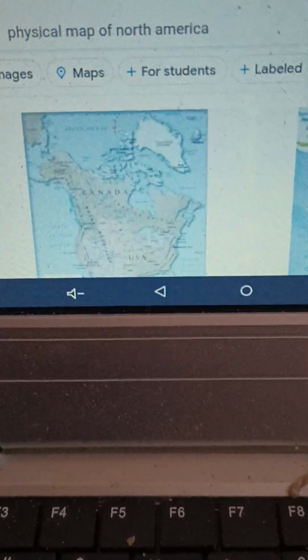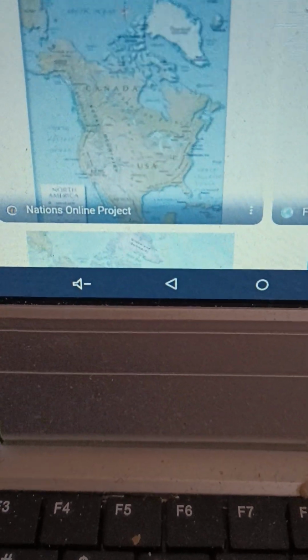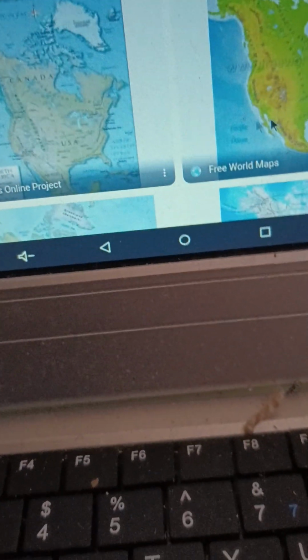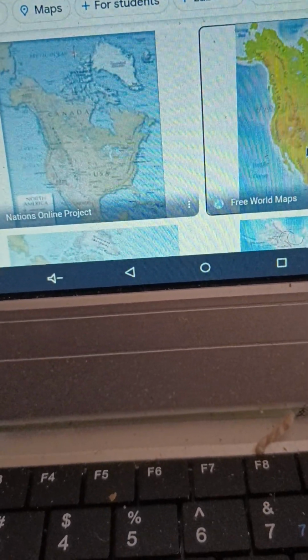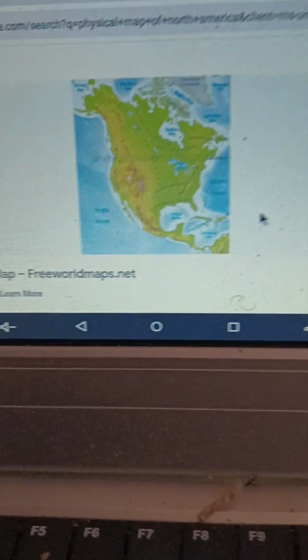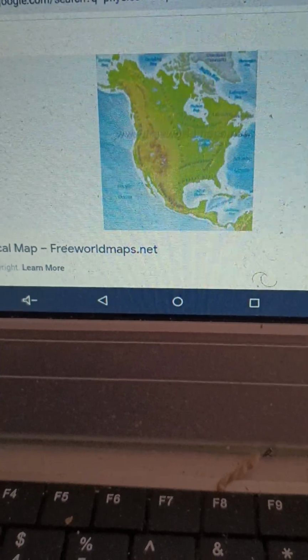And then we go to a physical map. And it does open. A physical map of North America. Let's hit visit so we can see.